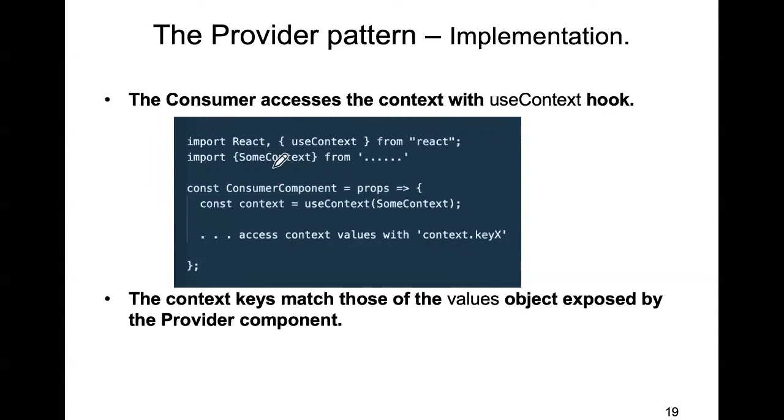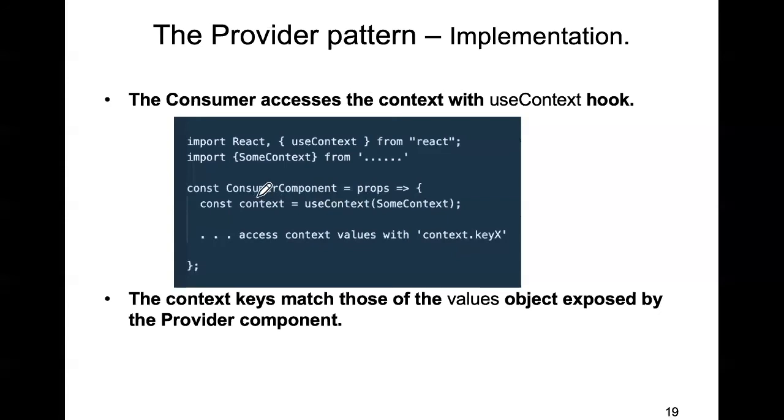So my consumer uses the hook, it specifies the particular context that it's interested in, and there may be more than one. The use context hook returns a reference to the values object that the provider initialized.